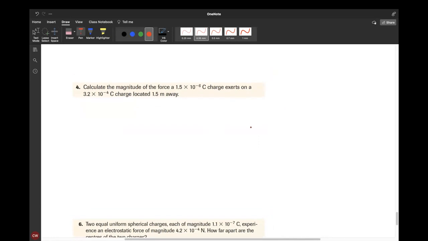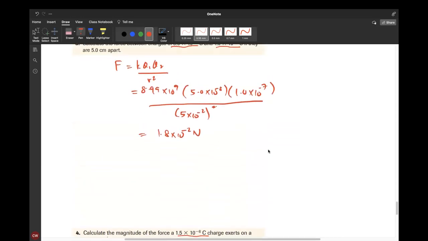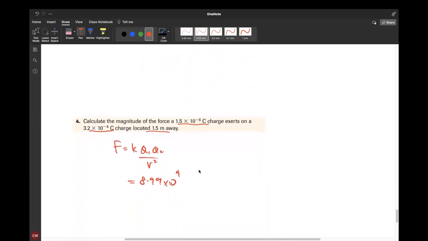Magnitude of the force a charge exerts on the other charge located this far away. Just apply the formula. K, Q1, and Q2, over R squared. 8.99 power 9. Located at a distance, 1.5 squared.